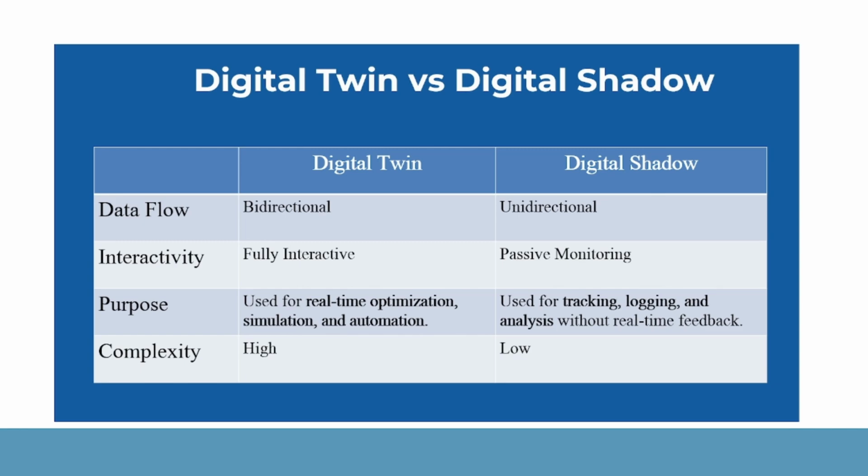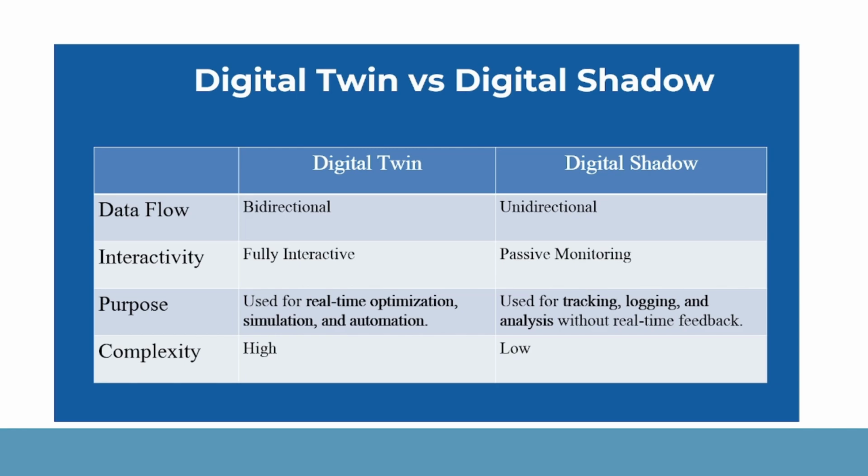Digital twins and digital shadows are different in that the data flow in digital shadows is unidirectional, or one way, from the physical system to the virtual system, while in digital twins, you have a data flow that is bidirectional, or two-way. Digital twins are fully interactive systems, while digital shadows are passive monitoring systems.